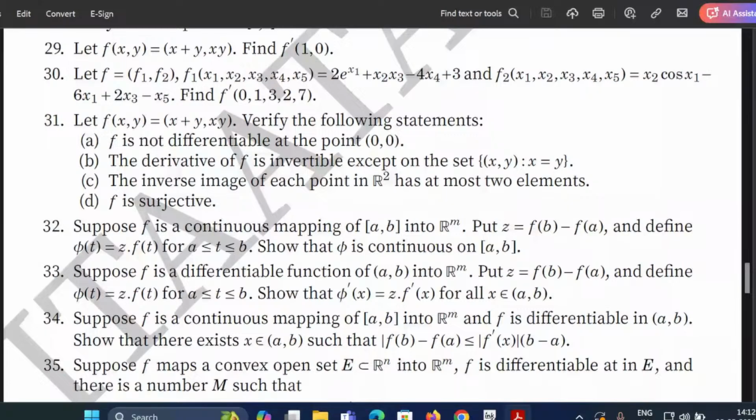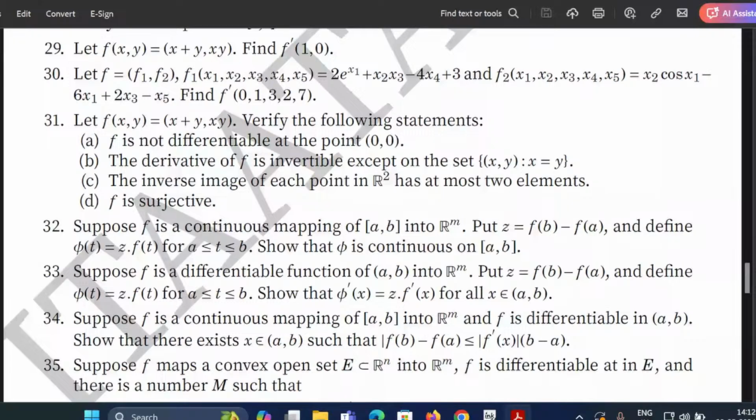The first row is correct. Second, minus 6 0 or 1? Minus 6 1 2 0 minus 1. That will be the answer. So the first row will be 2 3 1 minus 4 0. The second row will be minus 6 1 2 0 minus 1. So I am not doing it. I hope that you can do it, just using partial derivatives.